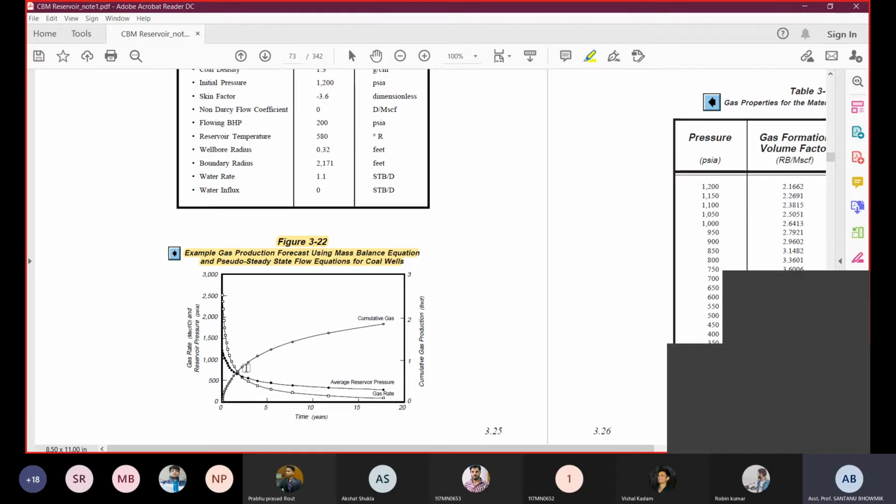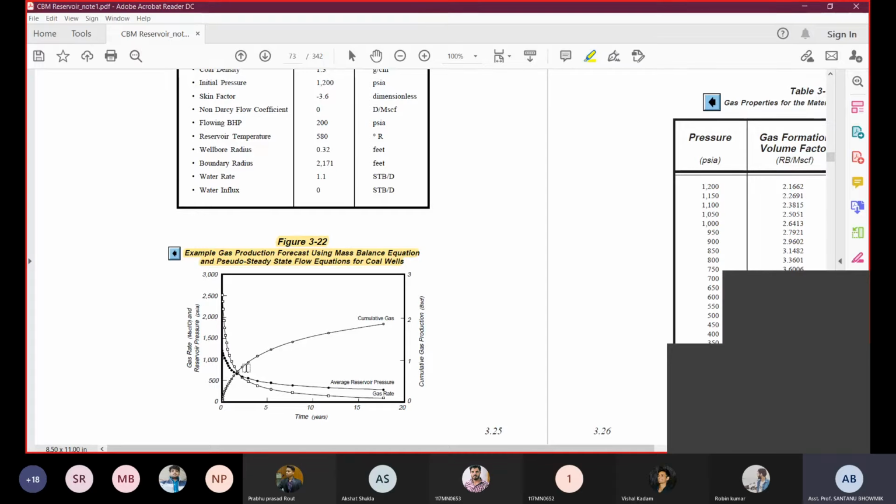When you get 950 kilopascal, what is the gas rate? When you get 900 kilopascal, what is the gas rate? Then for each pressure stage, they plot with time starting from zero. So this is the gas rate production. And if you sum all of this, from the starting, what is the total gas production, then you get the cumulative gas production.